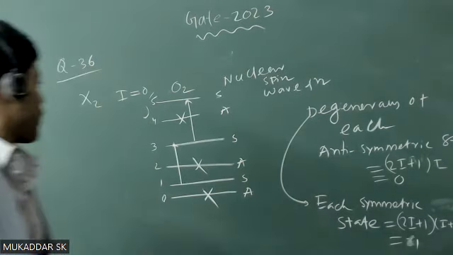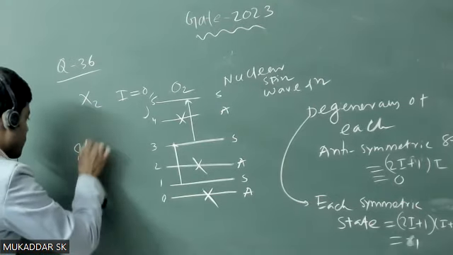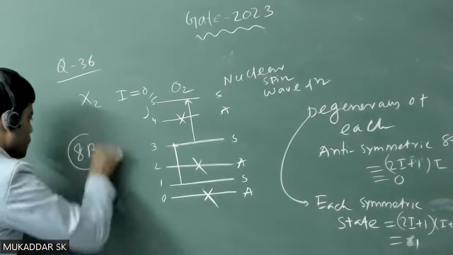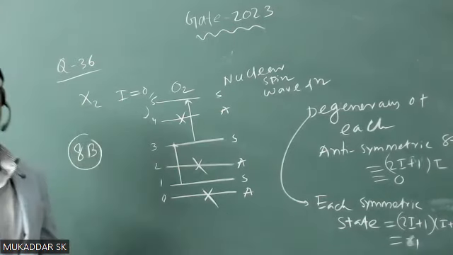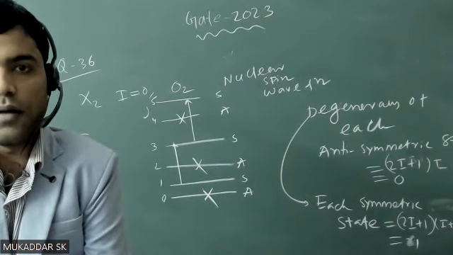Also it is important to mention here that the separation between two consecutive Raman lines for this situation is no longer 4B, rather it will be 8B now. So according to the given options, option D is correct, that lines of only odd J values are allowed. Thank you.